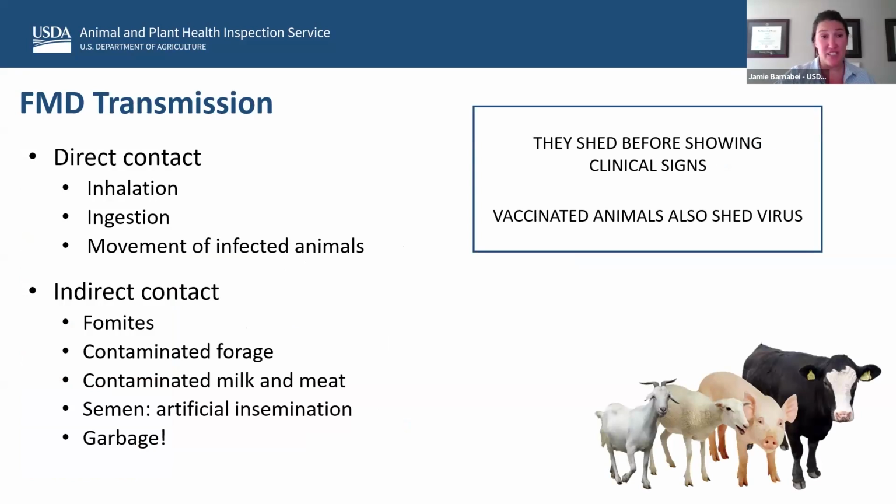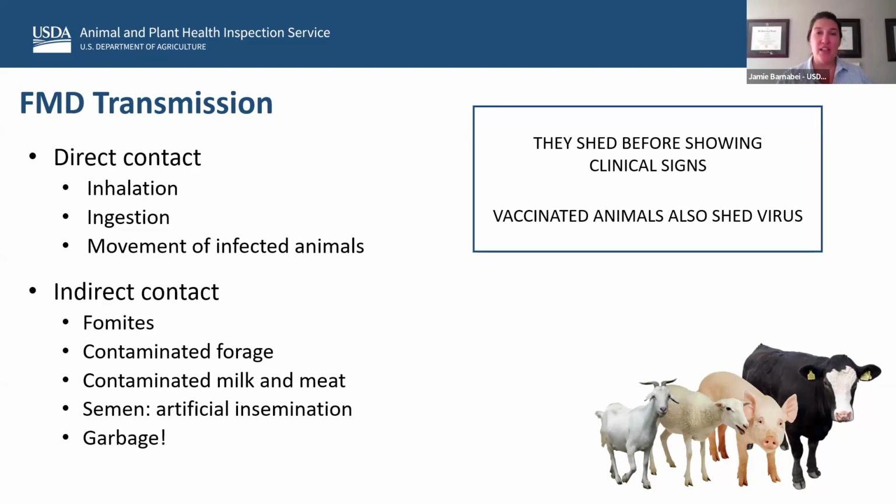So transmission of the virus in general, just like most viruses, is by direct contact. If you breathe it in or you eat it, that's a great way to get infected with really anything. That's not even specific to viruses. You guys know this. Movement of infected animals, and especially some of them. When we talk about amplifiers, these guys shed a ton of virus.